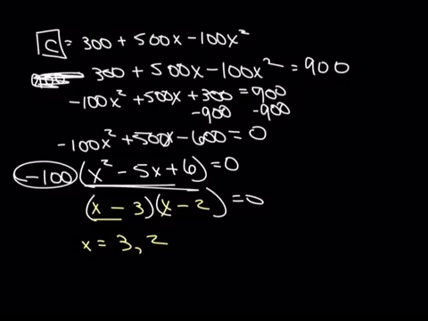That means the company can manufacture 200 items or 300 items, and the cost would be $900. Because that's what we were looking for. How many items can we manufacture for $900? Okay, and it says you can manufacture 200 or 300 for a total cost of $900.